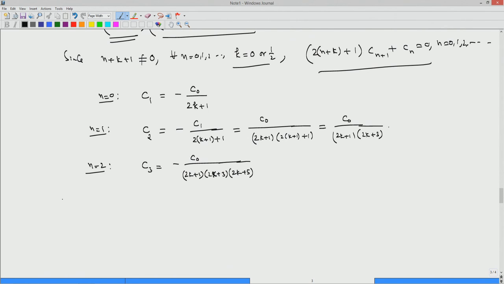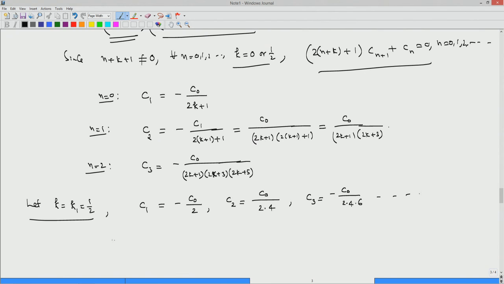In this case 1, when the difference is non-integer, you put k equal to the bigger root k1, which is half. Then C1 is minus C0 divided by 2, C2 is C0 divided by 2 into 4, and C3 is minus C0 divided by 2, 4, 6, and so on.